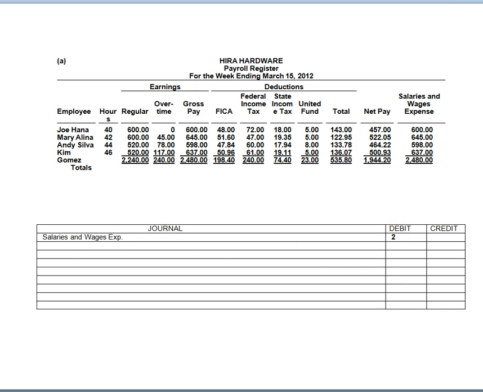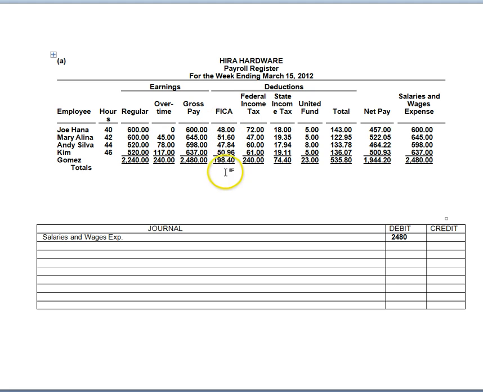So you want to put in always the gross pay, 2480, and then each deduction represents a liability. These are amounts that the employer is withholding from your pay and is obligated to pay, in this case, the IRS, and in this case, too, the federal income tax, the FICA taxes.